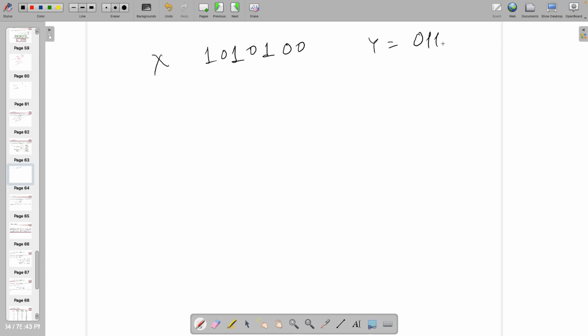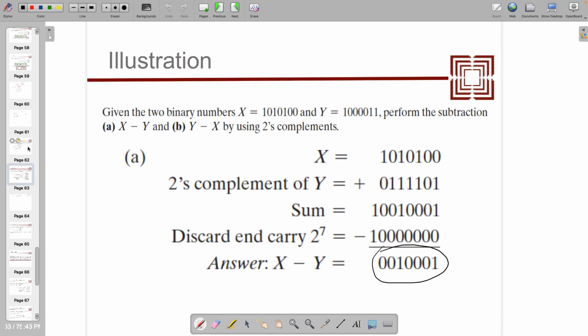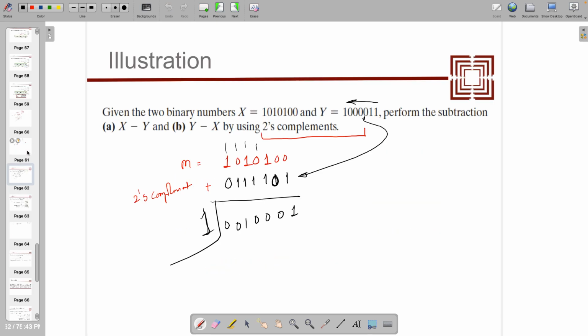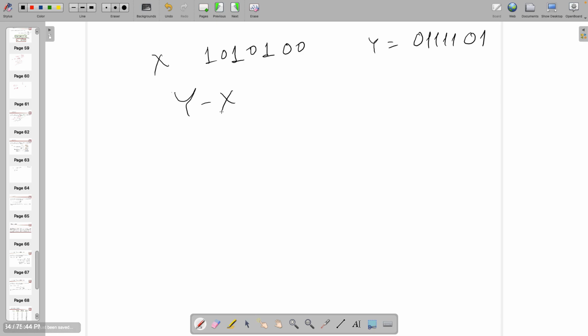Let's make it y minus x. In this, y minus x will definitely give you no carry because it has to be a minus number, right? So y is 0 1 0 1.